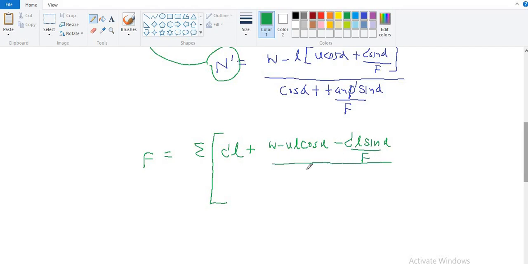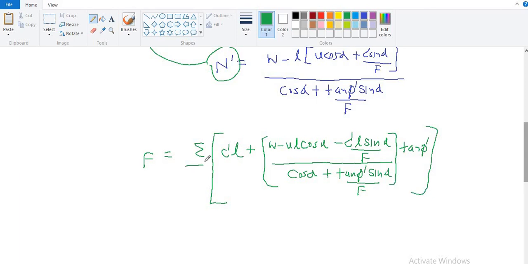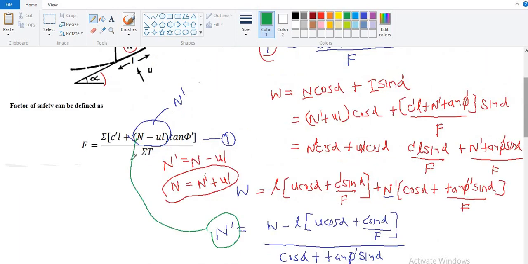And this is divided by cos alpha and E dash sin alpha F, and this should be multiplied by tan E dash. So every one of these things should be divided at the end by the sigma t.